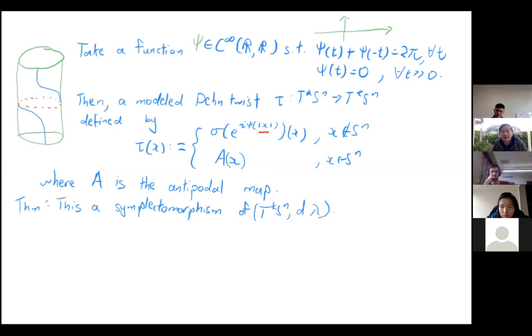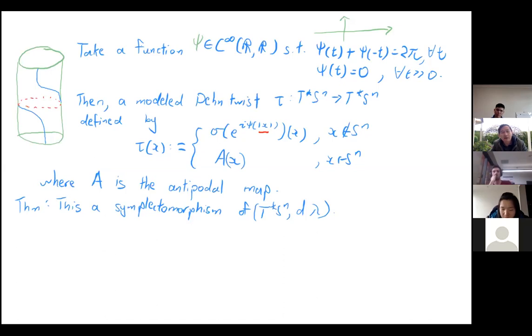If not the zero section, then we look at the norm. You have two components, one is Sn, the other is the cotangent part. Close to the zero section, it is an antipodal map, and away from the zero section, getting bigger and bigger, it will be the identity.